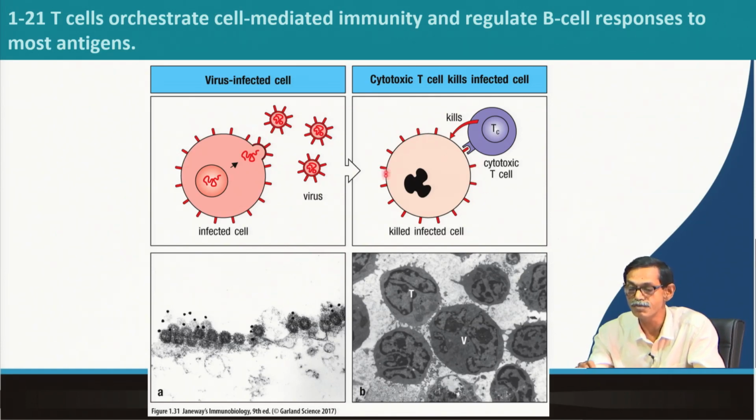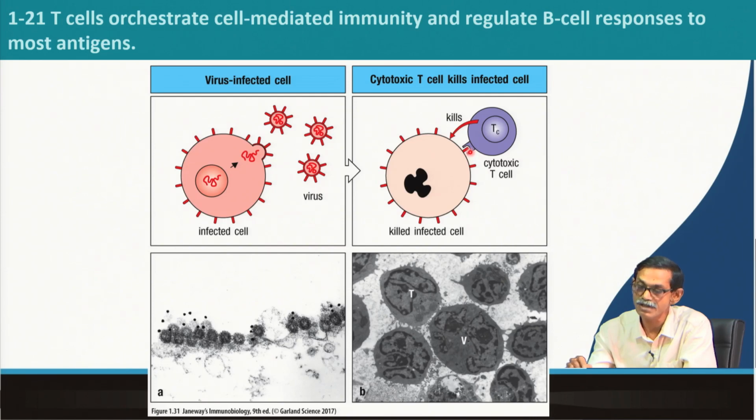This new protein our adaptive immune system can recognize. They can recognize that this is not our own cell. So, as soon as this new protein comes out, cytotoxic T cells can recognize this new surface protein.